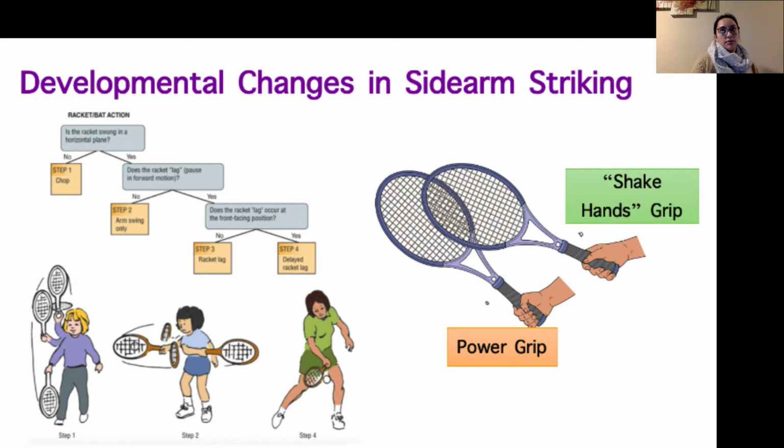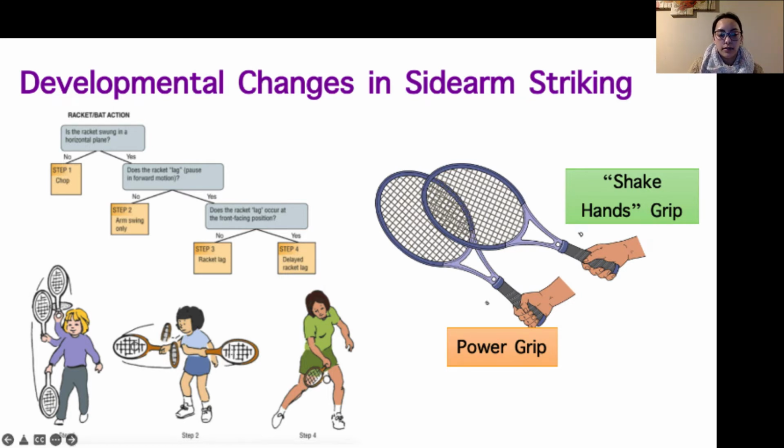And for how long? So we could lag behind and then have the racket start swinging in front of our body before front facing, which would be just step 3, or the lag could occur at or after the front facing position.